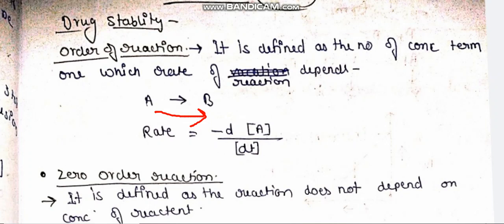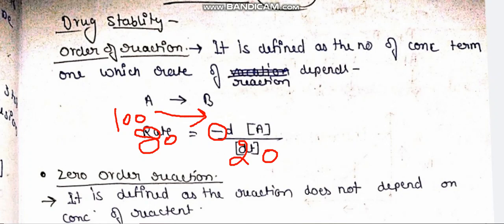Here the minus sign simply represents that with respect to time, the concentration of A is going to decrease. Suppose we take A initially as 100 mg, and with respect to time it goes to 80, then the concentration of B will be 20.